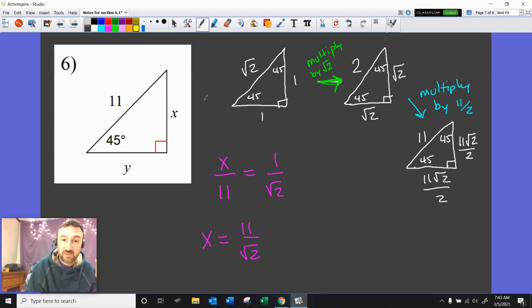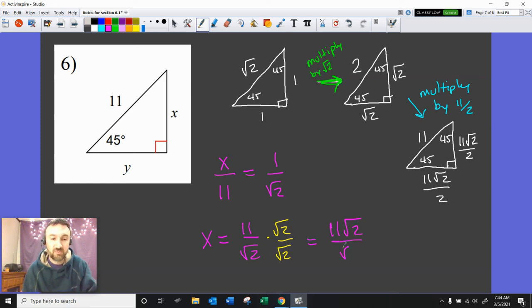Oh, that's right. I need to multiply the top and the bottom of this pink fraction by the square root of 2 to rationalize the denominator. I'm just multiplying by a yellow number 1 there. You see it? Okay, so I'm not changing the value of the pink number. I'm changing the way it looks. So now this pink number could be written as 11 root 2 in the numerator and square root of 2 in the denominator.